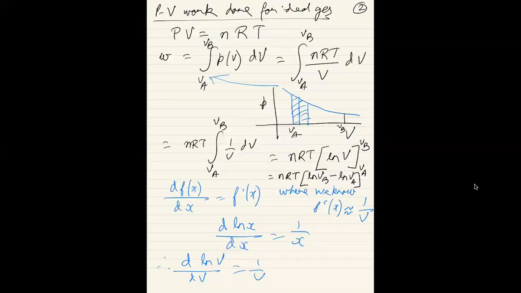So for this, let's look at our pressure volume curve once again in a bit more detail. So we had our pressure axis and our volume axis. And for the ideal gas, we had a curve that looked like this.